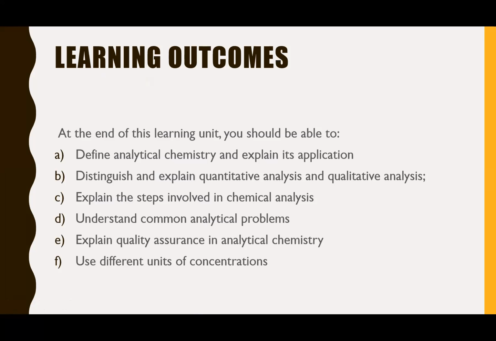And you should also be able to distinguish and explain the meaning of quantitative analysis and qualitative analysis, explain the steps involved in chemical analysis, understand common analytical problems, explain quality assurance in analytical chemistry, and use different units of concentration.